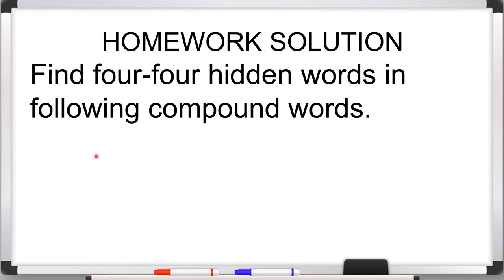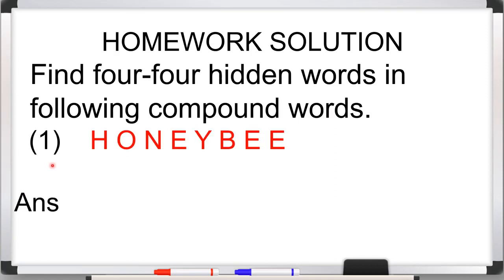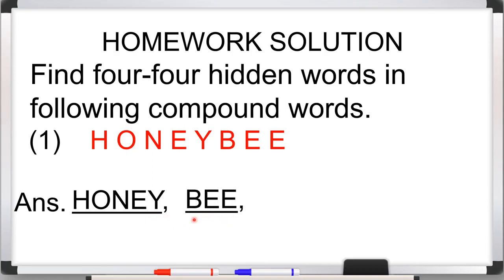Okay, so let's see. Here in question number 1, honey bee is given. Okay, the compound word is honey bee, and we have to make four hidden words. So today I am going to tell you eight hidden words by using this compound word. Okay, so here the first one is honey, HONEY. Honey means शहद. Okay, the next word is bee, BEE, bee means madhumakhi.